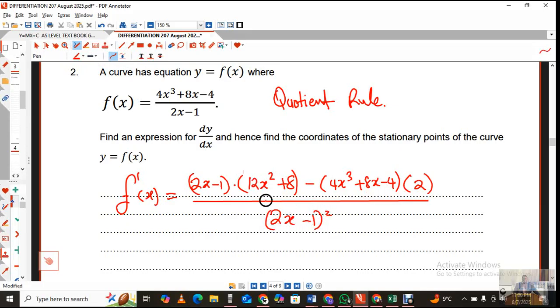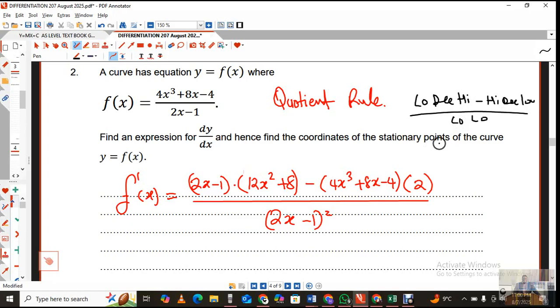Okay, low d high minus high d low over low squared. Well, that's just something that people use when they want to remember. That means you take the denominator, which is the lower value, you differentiate the numerator, minus the numerator times the derivative of the denominator, then the denominator squared.